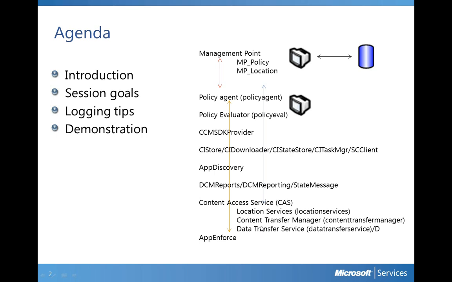Okay, and when I say acquire the content, understand that there's two pieces that we have to acquire. First, we have to acquire the configuration item itself, which is done, again, with the CI pieces. Then we have to acquire the actual files that we're going to install on the agent, on the client, and that's done with Content Access Service and so on.